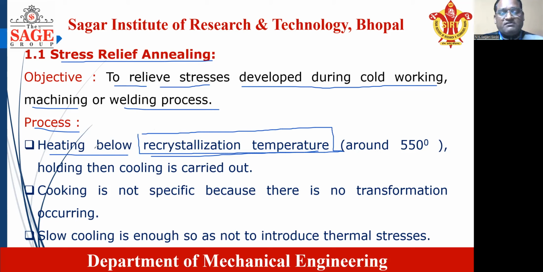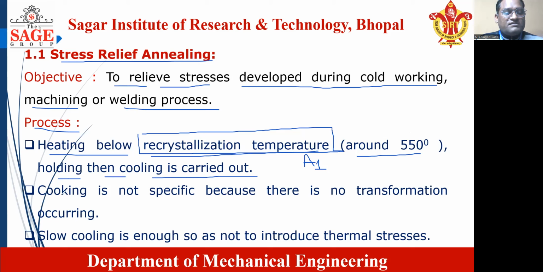The metal or alloy is heated below the recrystallization temperature, around 550 degrees Celsius. Below the recrystallization temperature means below the A1 curve, which is the eutectoid temperature at 725 degrees Celsius. Then it is held, and after that cooling is carried out.